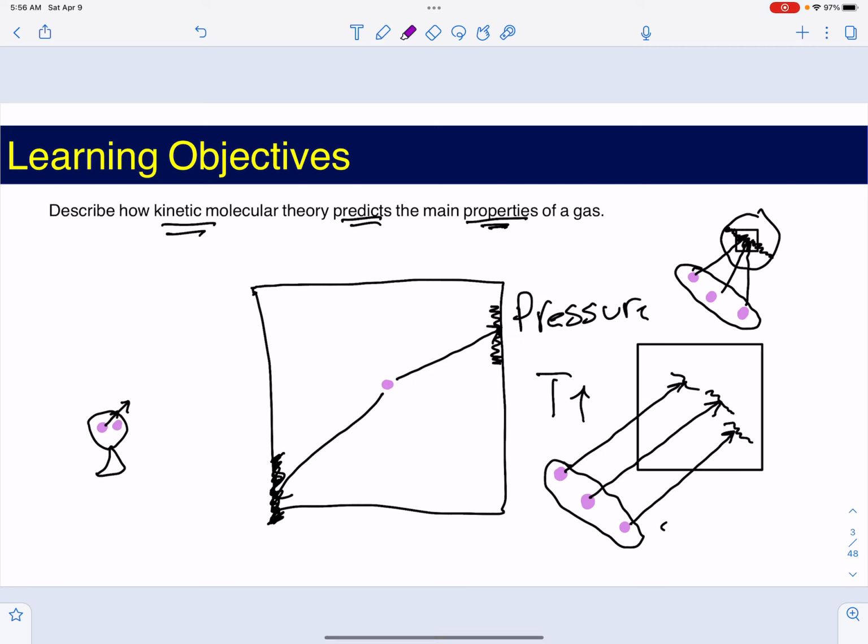Then we're going to discover that the pressure will increase because now the area is smaller and the particles are hitting in there. And if you don't believe me, go get a balloon, fill it up with air, and then force it to be smaller. And let me know if the pressure inside the balloon is increasing or not based on what your hands feel. So it's super easy to understand gases if you just think about the balloon and play like a kid.